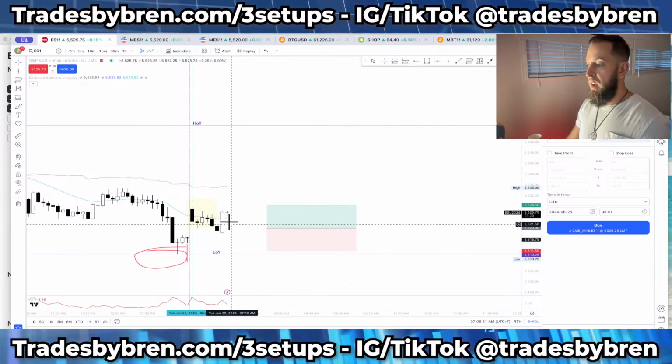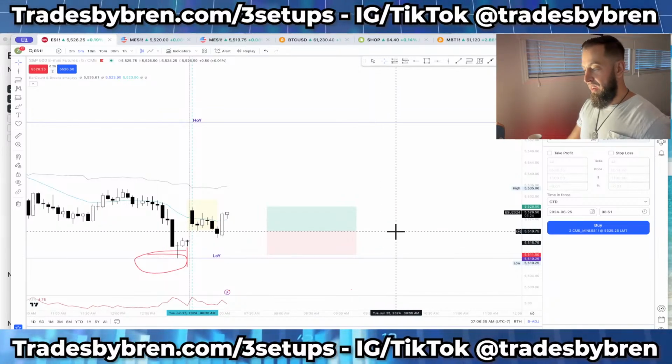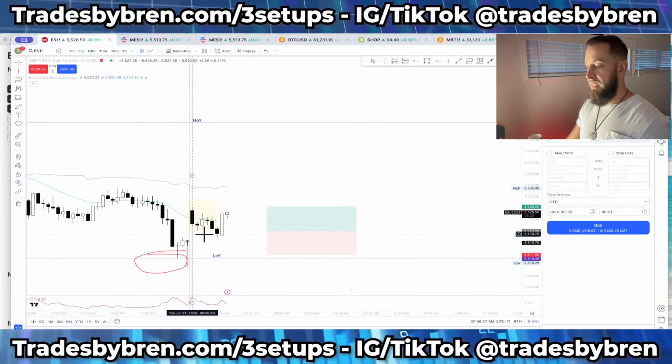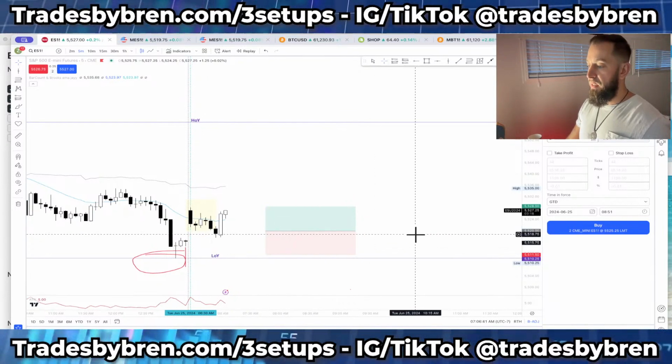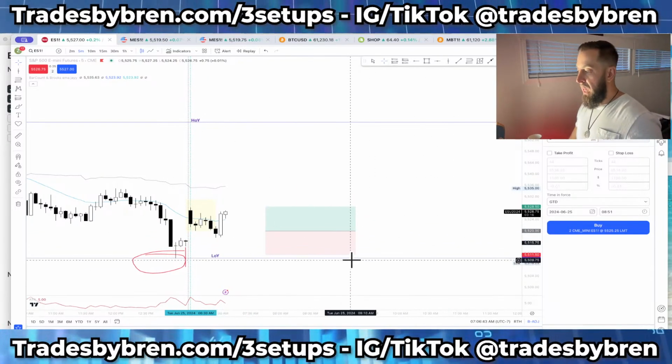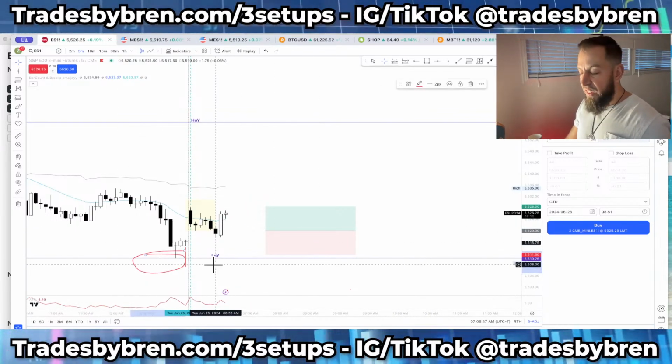Okay, so look now. Yeah, so I was getting ready to buy. Since this is trading range price action, I'd be ready to buy down here, if TradingView wasn't messing up on me.